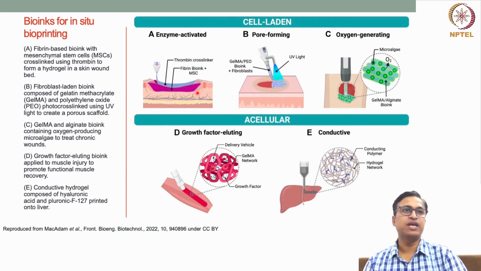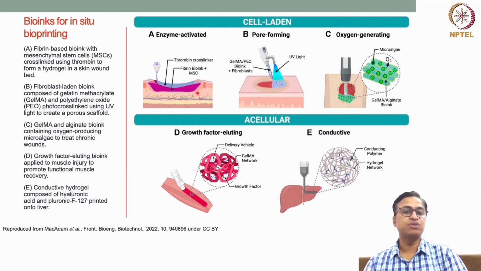Whenever there is, like in case of cornea, this surgical glue is nothing but this kind of fibrinogen plus thrombin, where these two come as two components, and when you mix these two, fibrinogen plus thrombin, then the cross-linking can be started.